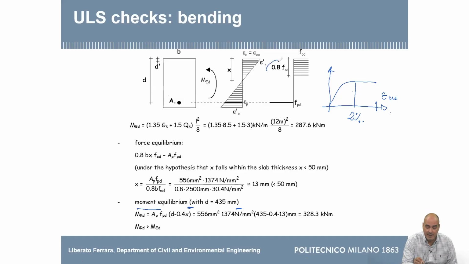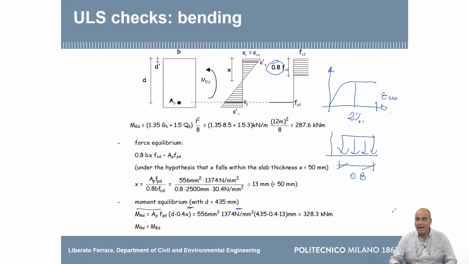So this number here, 0.8, is based on what? On the fact that this distribution here has the same area and the same centroid position as that one. For the area, it's very easy to calculate. This is fcd.